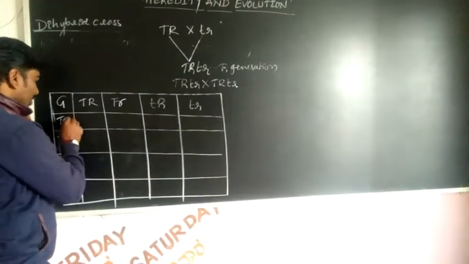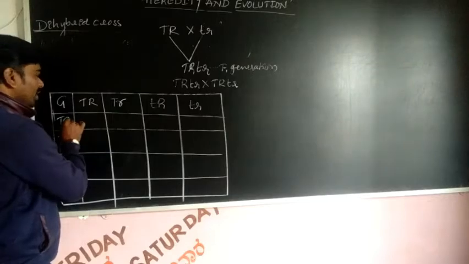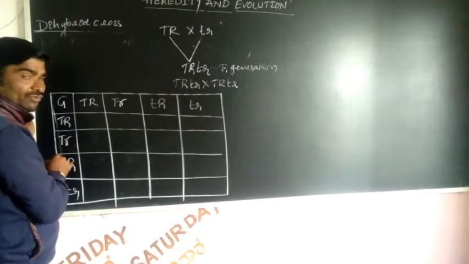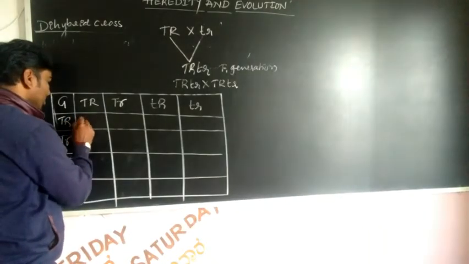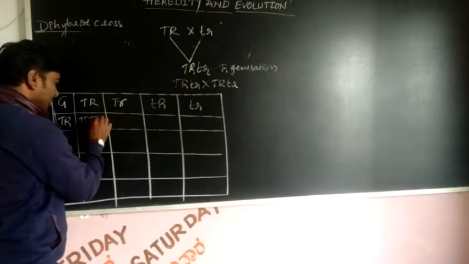Right? The crossing between a red flower with a tall plant and a red flower with a tall plant, if we do the crossing, what result do we get? We can get the same result, a red flower with a tall plant.